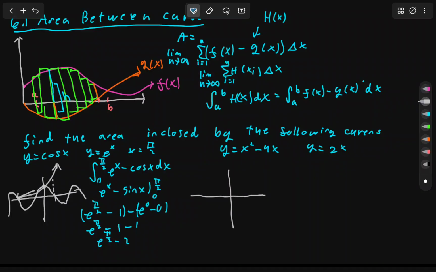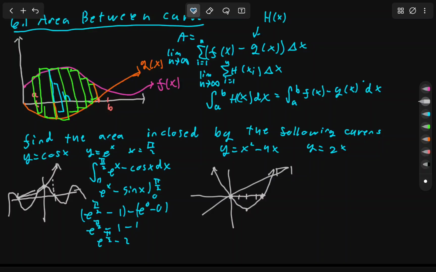So we're going to figure out the equation for this parabola, and I think we can all see that it's going to be a parabola with zeros at 0 and 4, and it's going to open up. I don't really care about much more detail than that. Then we have the line y equals 2x, so that's going to come in here something like that. I don't know where it's actually going to intersect, though.